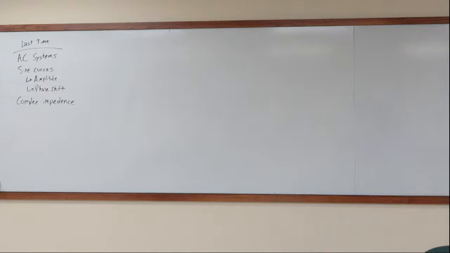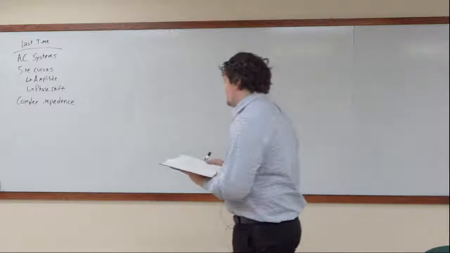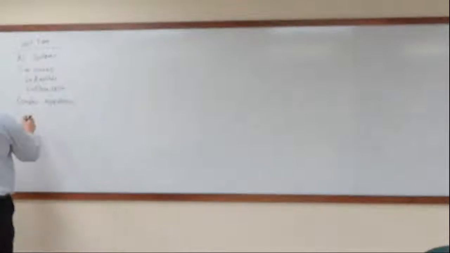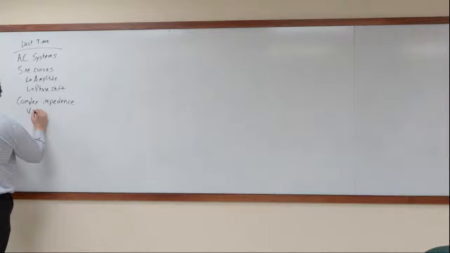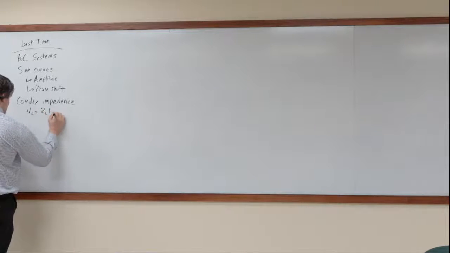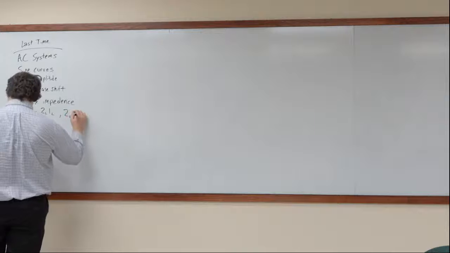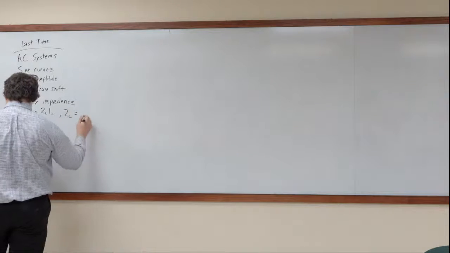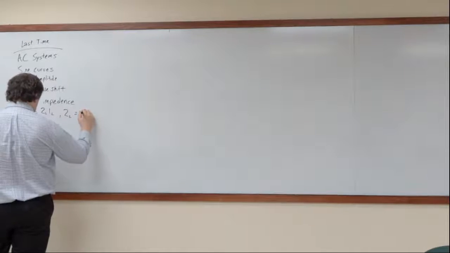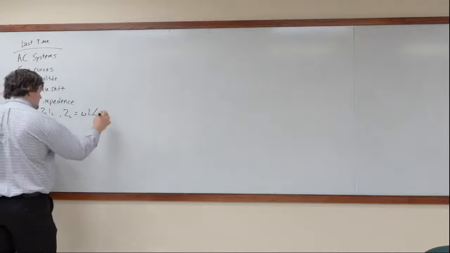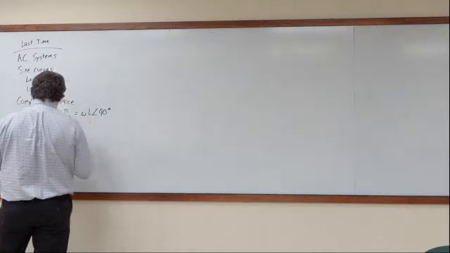And then what we have for each component is that VL is equal to ZL IL, where ZL is equal to omega L at an angle with a phase angle of 90 degrees.